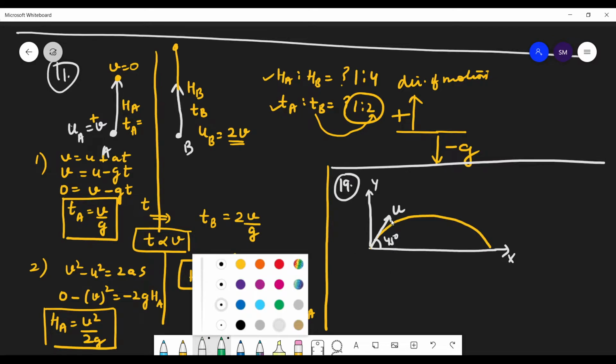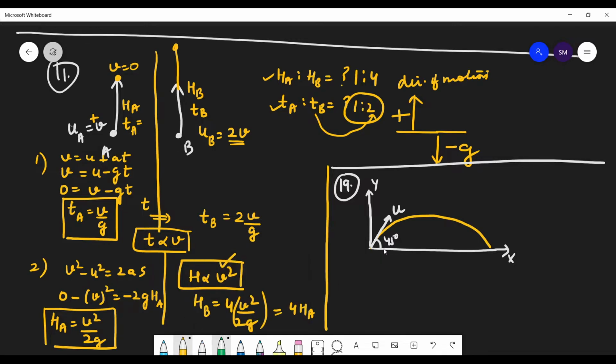Now you will be finding the component of velocity along the x-axis and along the y-axis. Yes? Yes, sir. So what will be the magnitudes? Like this is 45 degree. Okay. So this will also be 45 degree. If this is u, this 45, 45, so this is an isosceles triangle. So if this is x, this will also be x.